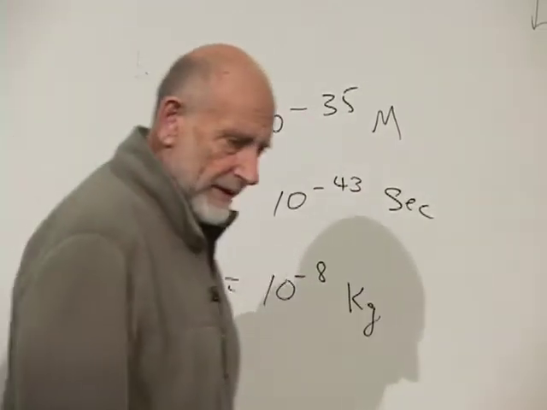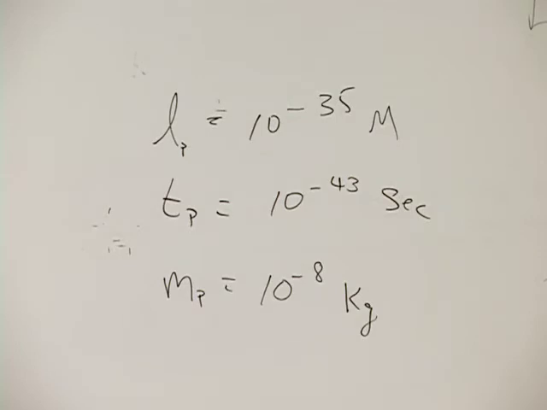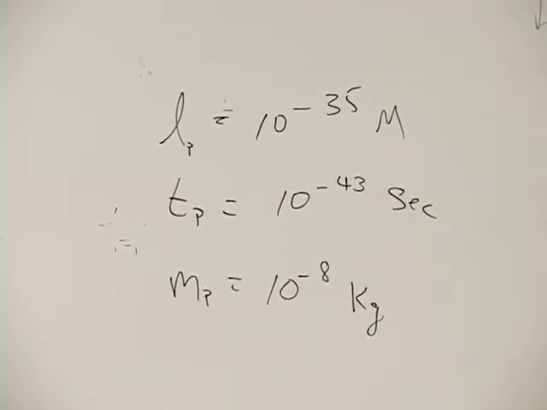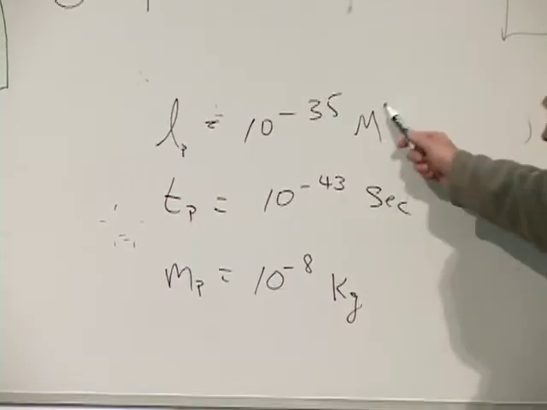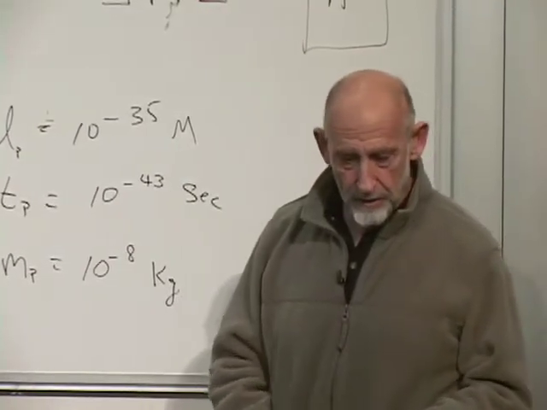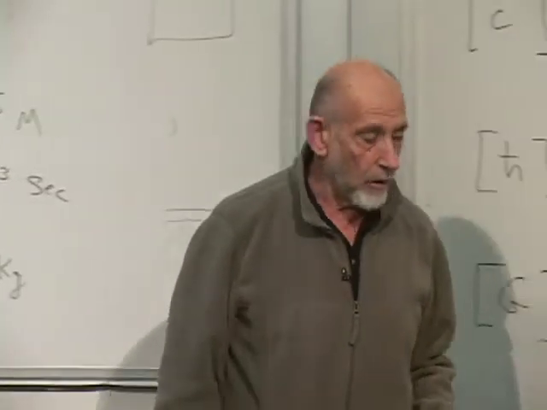So this one's big. That's a big mass. 10 to the minus 8th kilograms is an observable thing. It's a little dust grain. These are impossibly small times and small distances. Okay, these are the Planck units.